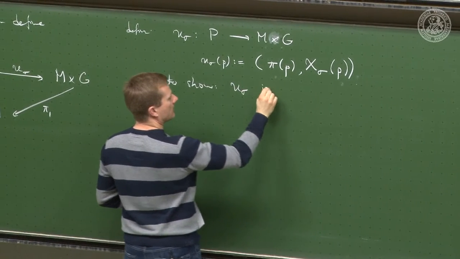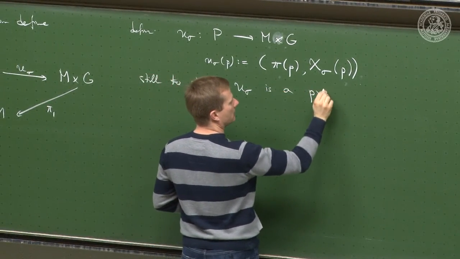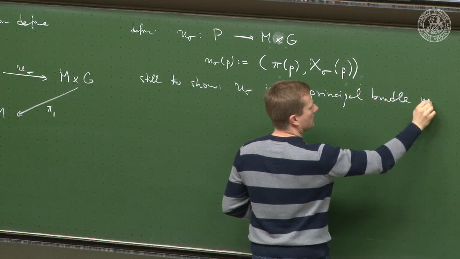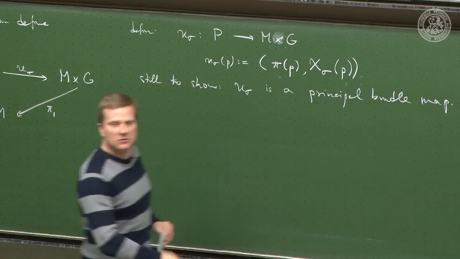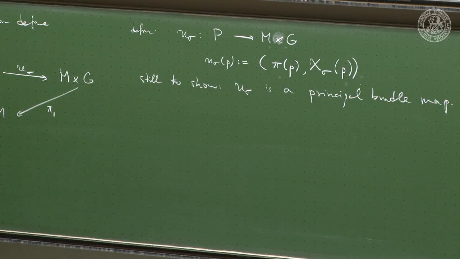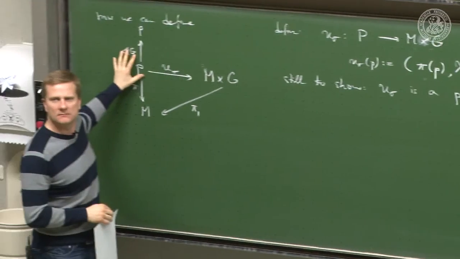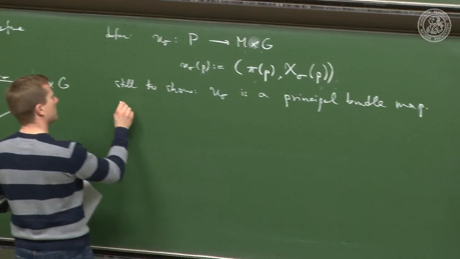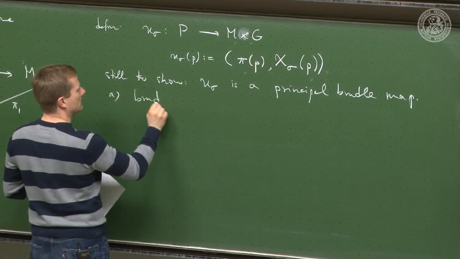So we constructed such a thing, still to show: U sigma is a principal bundle map. Because if it is, according to our little lemma, we established already the diffeomorphism, we established this is a trivial bundle. So is this a principal bundle map? Let's first check whether it's a bundle map.